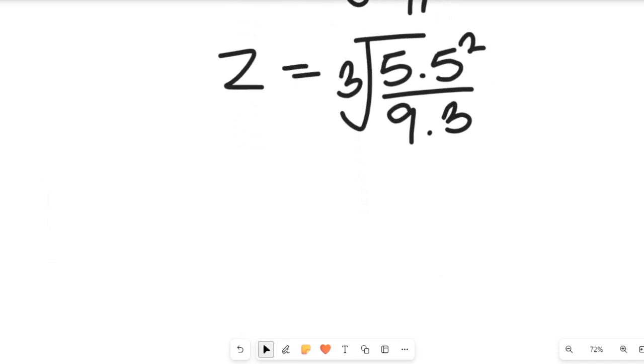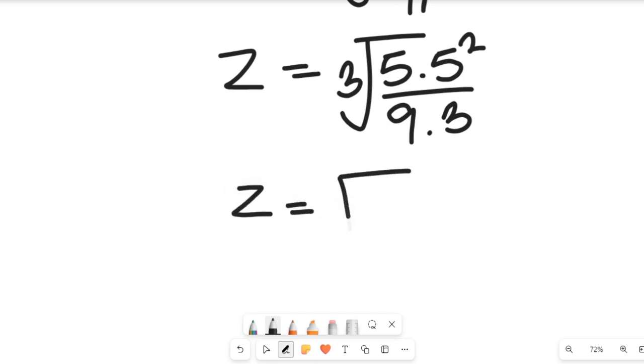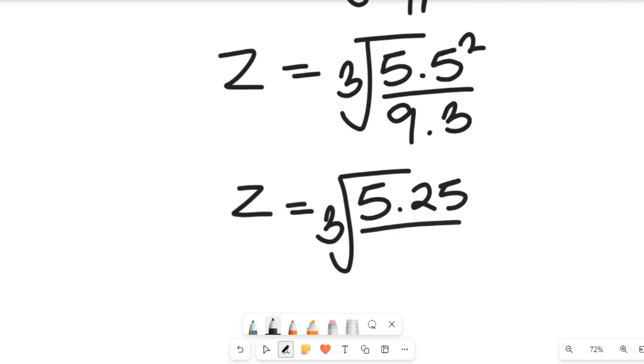So what would this give us? This will give us z to be equal to the cube root of 5 multiplied by 25 divided by 9 times 3 is going to give us 27.